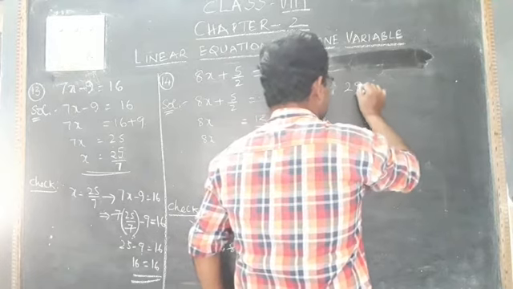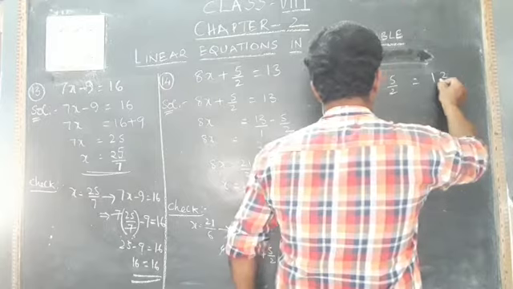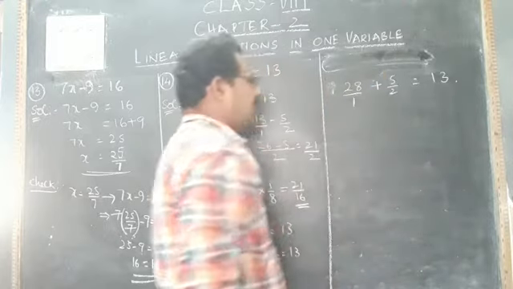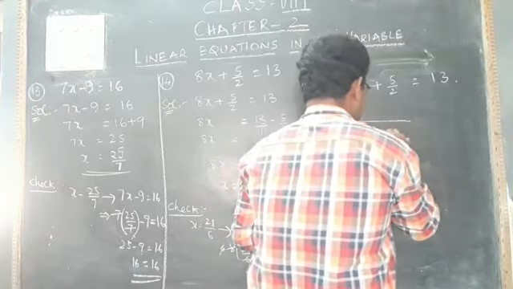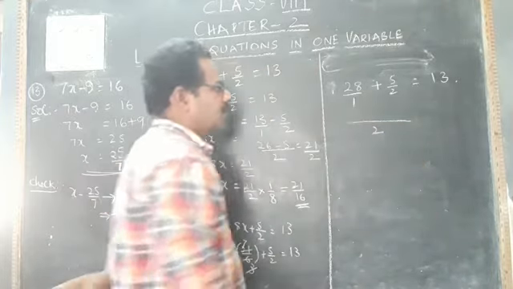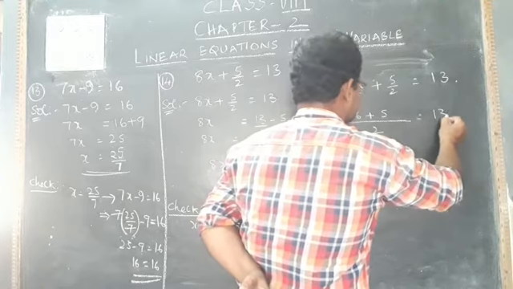Here we got 28 plus 5 by 2 is equal to 13. Left hand side we got two fractions, for these two we have to simplify them, find the LCM.